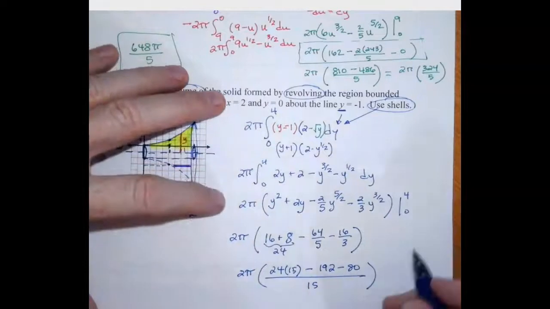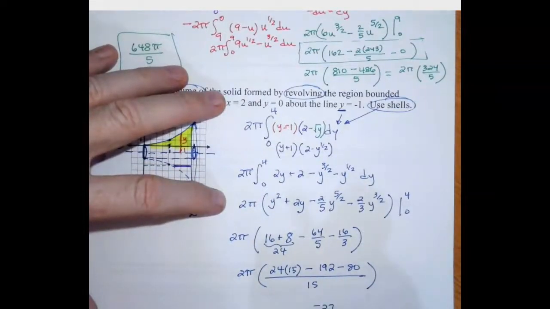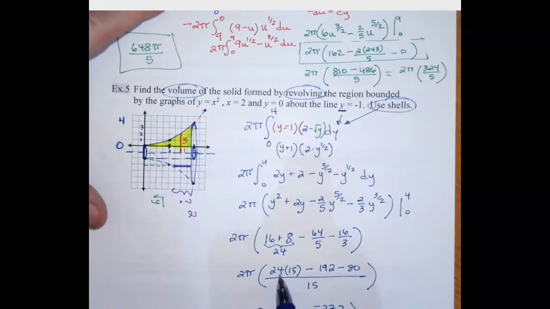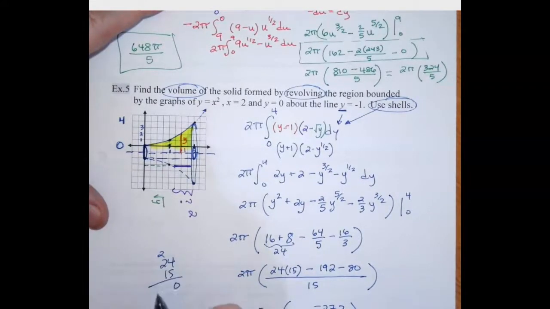Okay, so that's 272. I should be able to do that in my head, 240 and 360. I'm just going to make sure. I think it's 360. 360, yeah. 360.